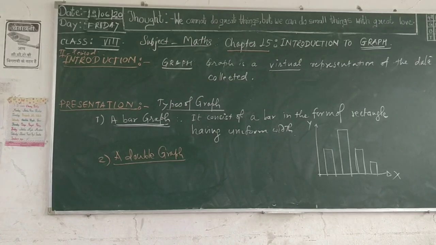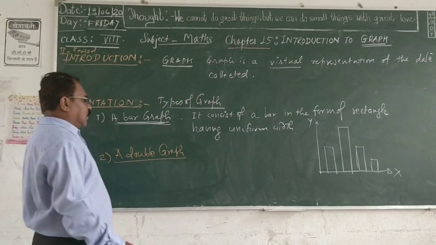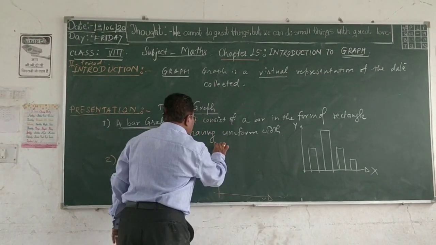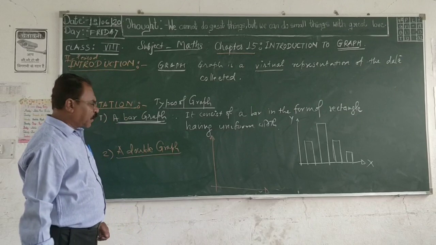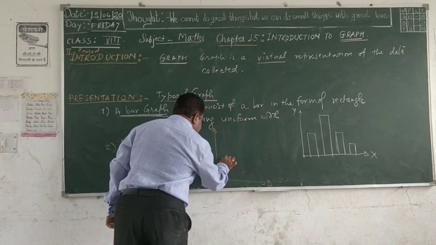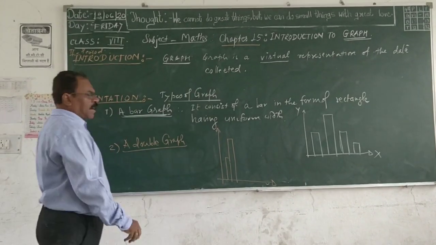Double bar graph shows the comparison between the two. Suppose a double bar graph is like this: the marks scored by the student in the different subjects in the first term test and second term test. Suppose these are the marks.